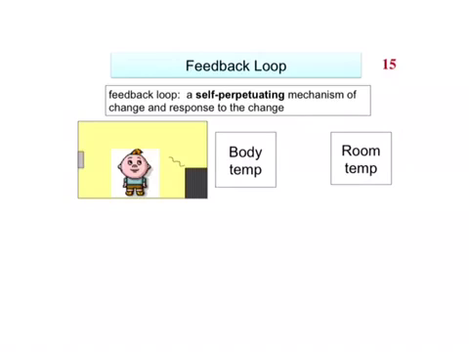So a feedback loop is a self-perpetuating mechanism of change and response to change. So remember, when we define feedback, it's a condition in which one state variable influences the other state variable, but that other state variable also influences the first state variable that changed in the first place. And so this situation of body temperature and room temperature actually does form a feedback. So when someone's body temperature goes up, they're going to decrease the room temperature.